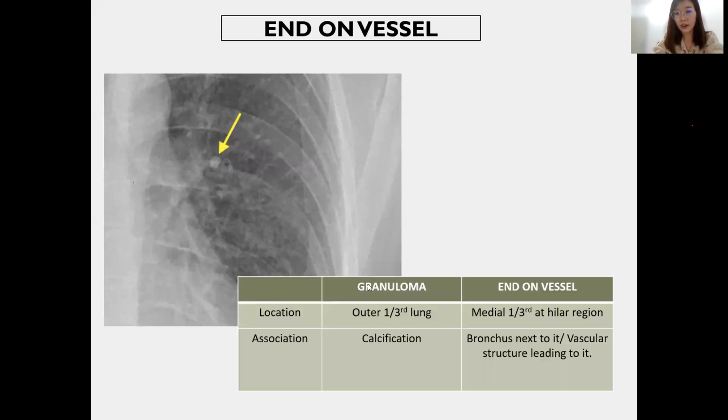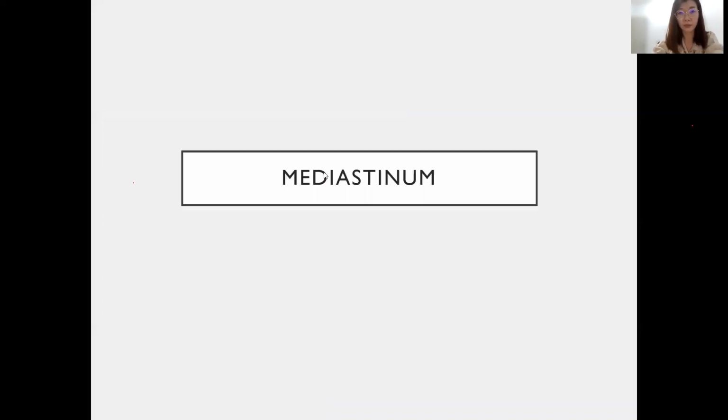Granuloma is always in the outer third of the lung and may be associated with calcification, but an end-on vessel in the middle third of the lung, you can easily say it's an end-on vessel. It always has a bronchial structure next to it, easy to identify. But if you see this kind of nodule in the outer third of the lung field, raise a suspicion of granuloma or of lung nodule, it doesn't matter.